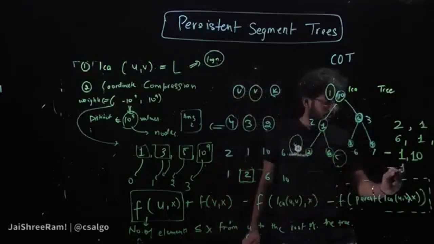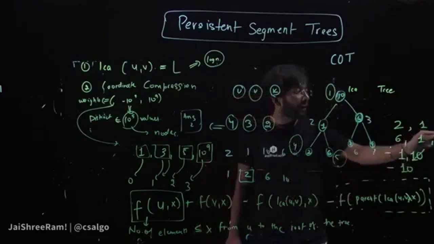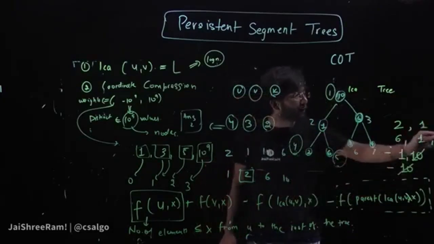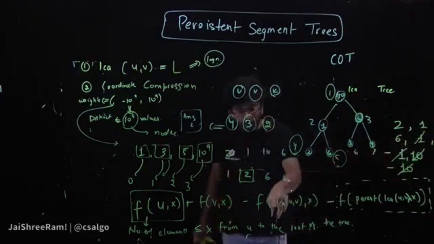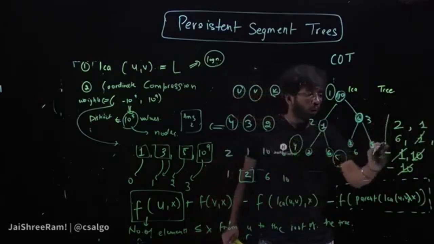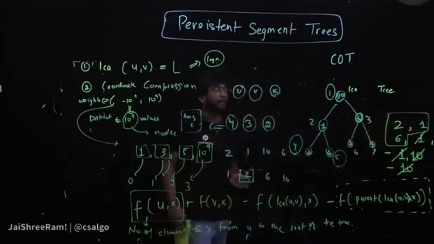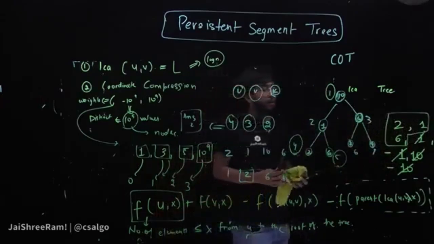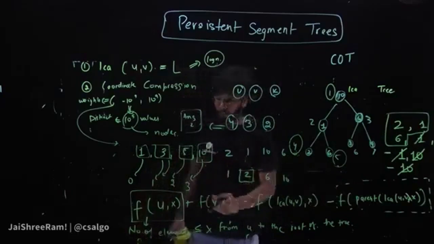So I need to remove the 10. So what happens over here is this 10 gets cancelled from this 10, this 10 gets cancelled from this 10, and one of the ones gets cancelled because we cannot consider the LCA element twice. So this eventually leaves us with 3 elements, which are 2, 1 and 6. So this is how this entire thing goes.